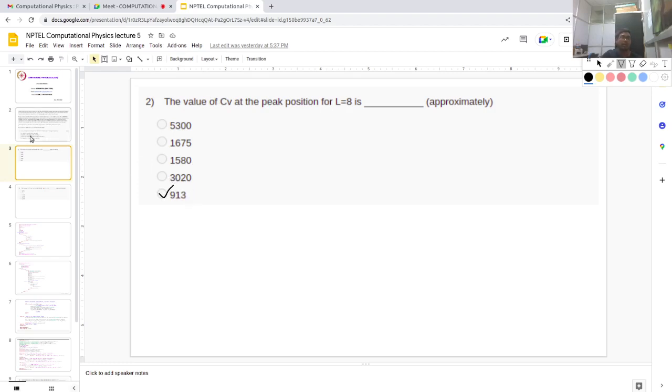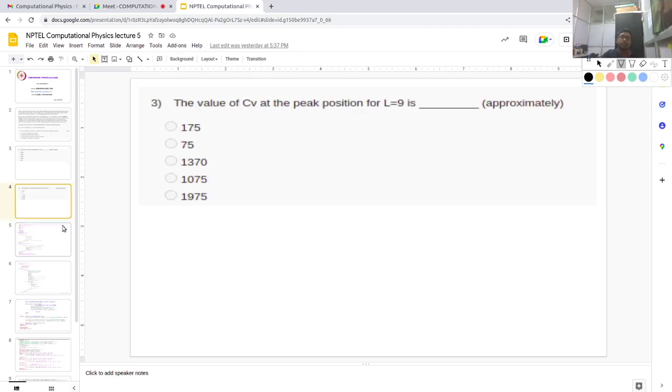I'm getting 963, not the exact one, but I think again this depends upon the random number generation maybe. The next question was the same thing for L equals 9. The given answer was, I think, 1370, and I am getting 1339 here. So it is within the range of values. It can differ, it depends upon the random number generation.